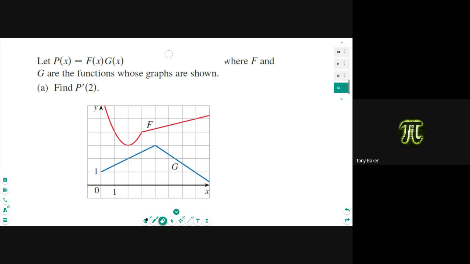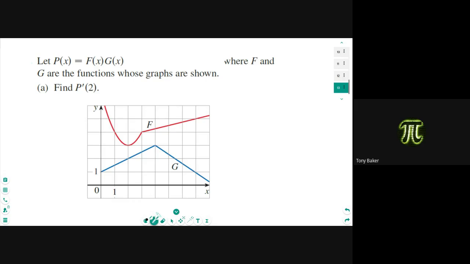Less algebra. Take a few minutes, look at it, see if you can figure out how to do it. And then I will go through and show you how to do it afterwards.